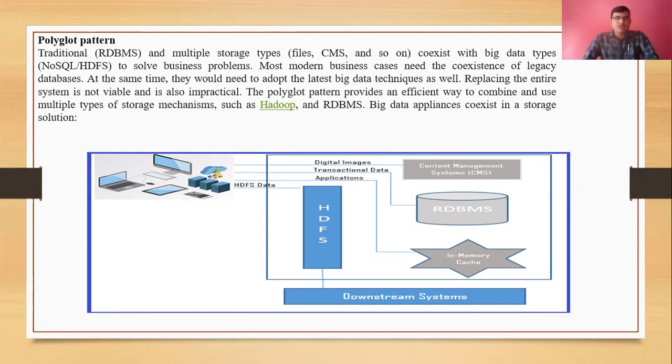So these are the polyglot patterns to introduce different types of storage mechanisms such as Hadoop and RDBMS: HDFS, data downstream system, digital images, transformation data, application, content management system, CMS, RDBMS, in-memory cache.